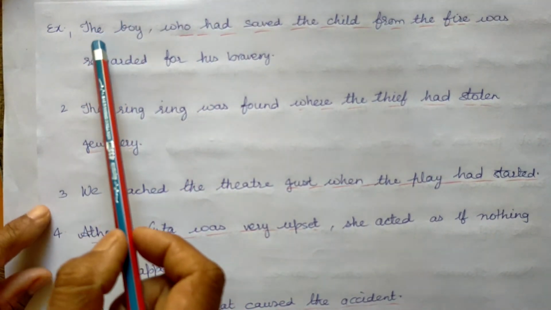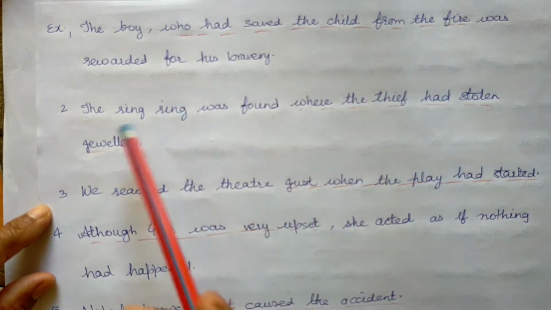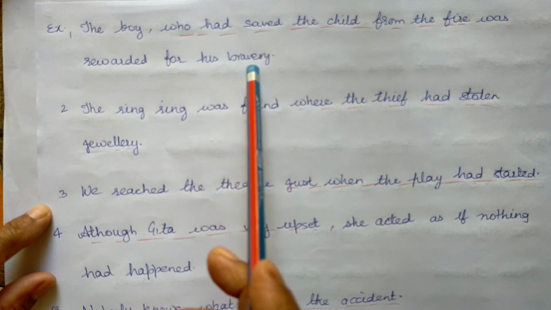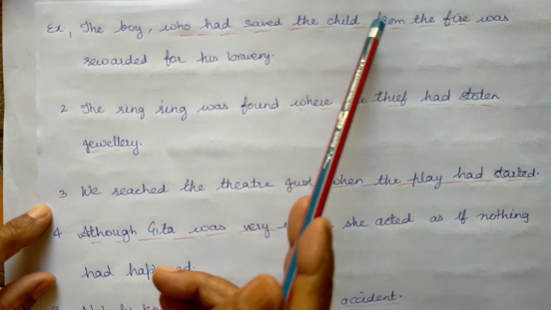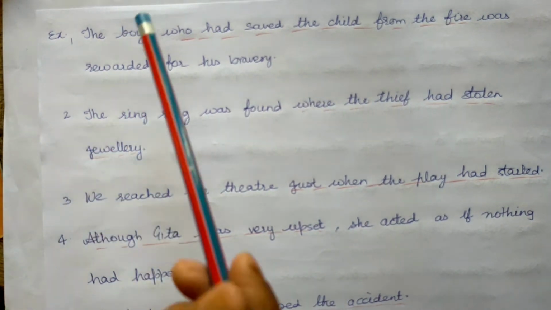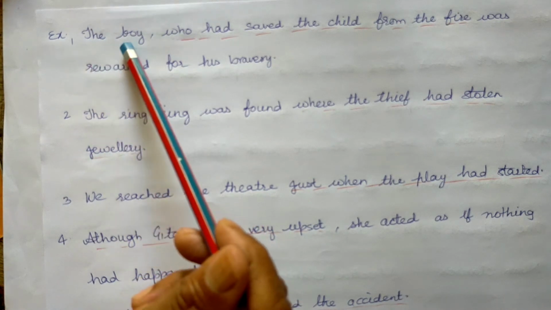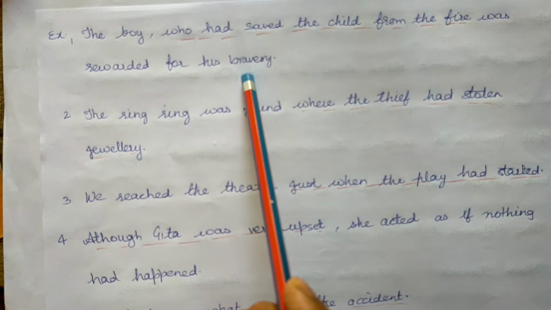First, the boy who had saved the child from the fire was rewarded for his bravery. Who had saved the child from the fire? Dependent. So, the boy was rewarded for his bravery is a complete sense, an independent clause.